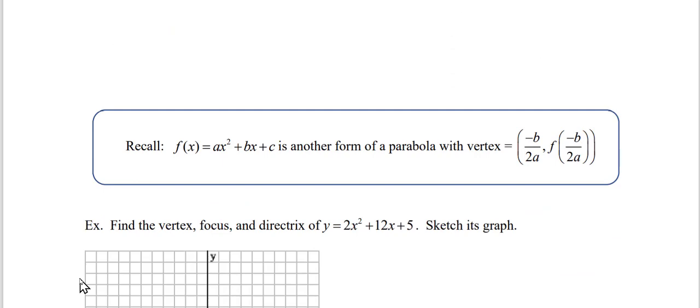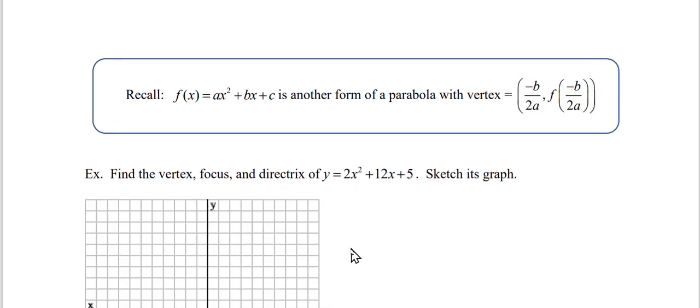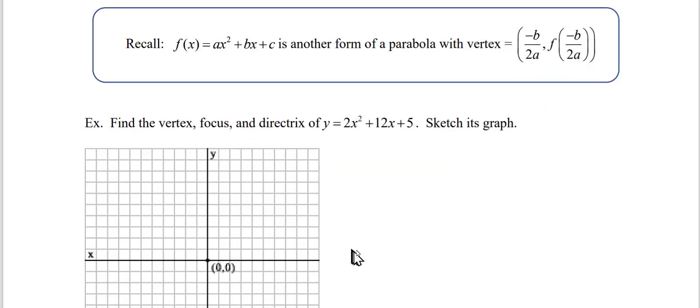Remember, we had the vertex of a parabola given in this form to be -b over 2a, and then f of -b over 2a to get the y value that goes with that x value. Well, if that's true, we can use that to help us if our equation is given in a different form here. We could complete the square to get it in that standard form, but we don't necessarily need to.